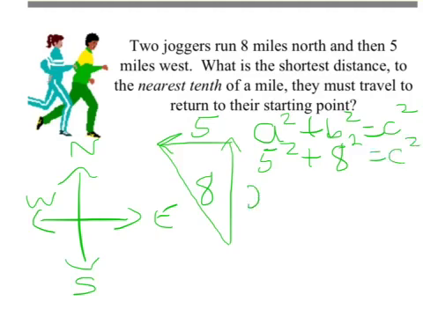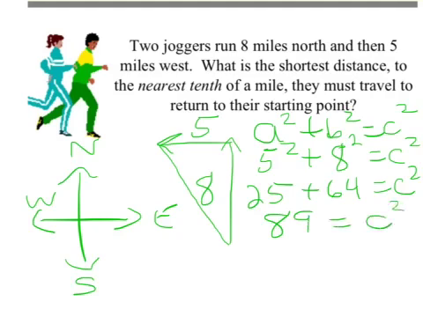So 5 squared is 25, 8 squared is 64, and together that equals c squared. So if I add 25 and 64, I get a total of 89. And that equals the square of the hypotenuse. So I take the square root of both sides to maintain equality. c is the square root of 89.